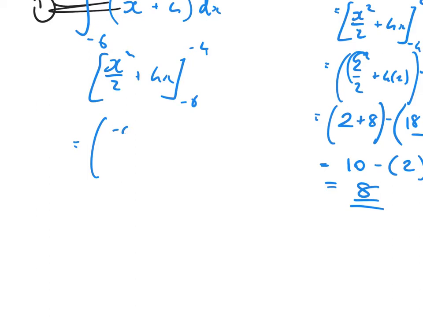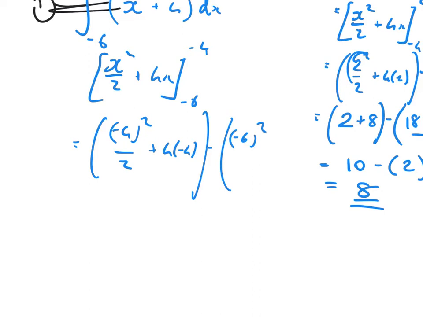Okay, so -4 all squared over 2 plus 4 lots of -4, close the bracket, minus open up, -6 all squared over 2 plus 4 lots of -6. Okay, so -4 squared is 16, 16 divided by 2 is 8, and 4 times -4 is -16.